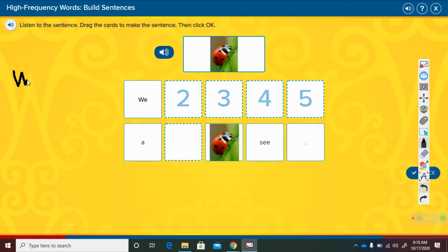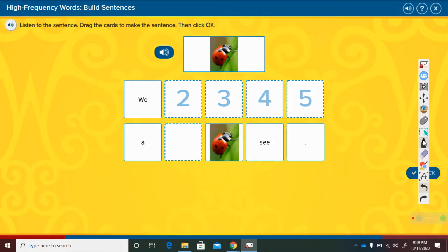We did the lowercase w is what we learned. And that's right too. But in this case, this has an uppercase W because it is the first word in a sentence. And the first letter of the first word always begins with an uppercase letter. So that's why they are using the uppercase W.